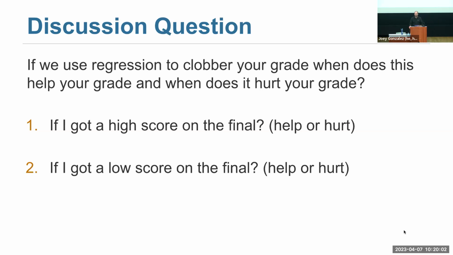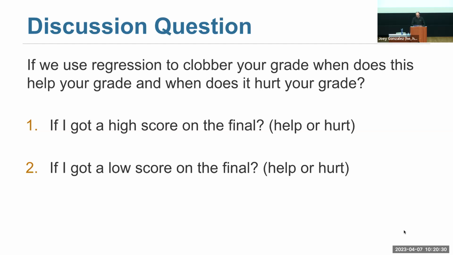Should we use this approach to clobbering? It's actually a pretty fair approach for clobbering. There are other ways we can clobber, and I actually don't know what we're going to end up using in the end, but it's actually pretty reasonable if the grades have a strong correlation and sort of subtle if the distributions are more Gaussian for grades.